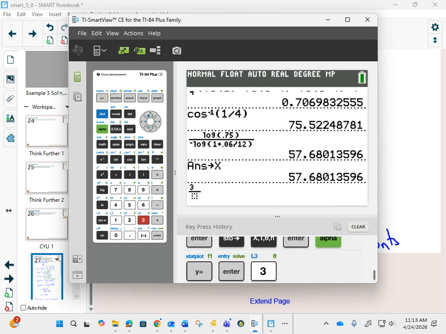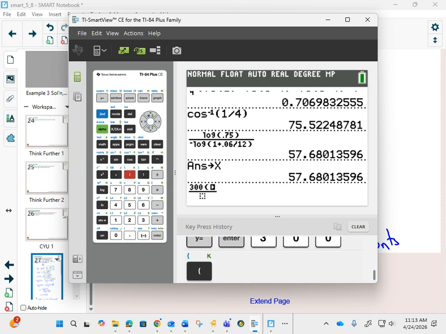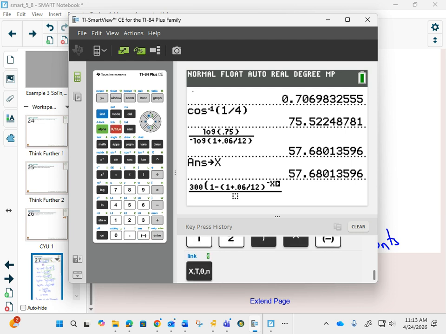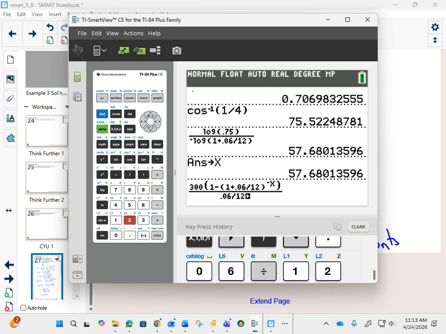You remember the original question had 300 square bracket 1 minus round bracket 1 plus 0.06 divided by 12 to the exponent of negative. And then I've solved it. I'm going to check. I'm going to plug in that X. Close that bracket. All over 0.06 divided by 12. If I get 15,000, then I did it right.